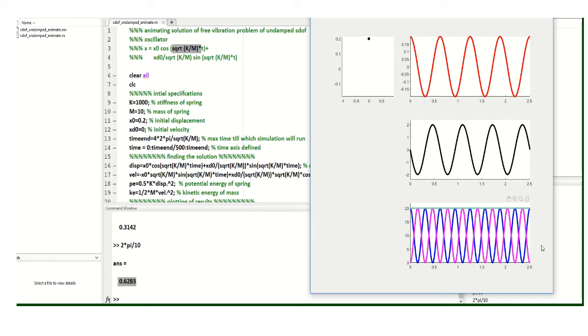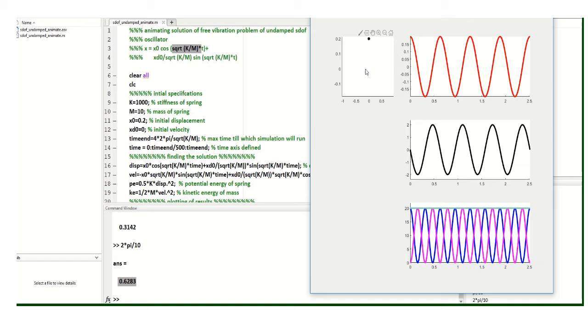These are nothing but energy quantities. This one, the blue line, is showing you how the potential energy is varying. The variation of the blue line shows how the potential energy of this mass is changing with time. As the mass is moving, it is causing the spring either to compress or to extend.